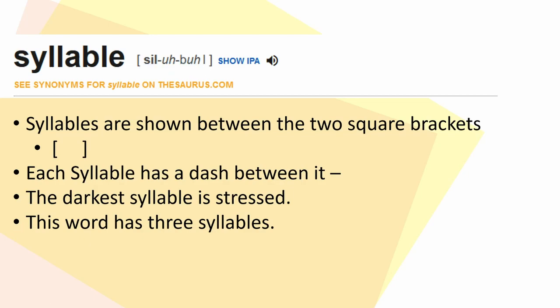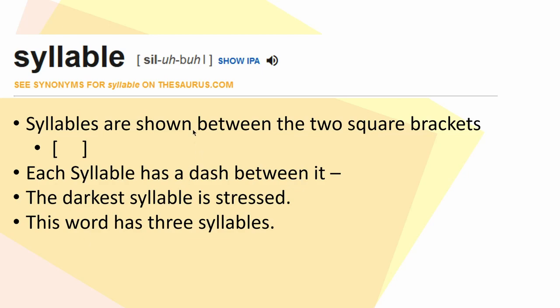Syllables are going to be shown between these two brackets. Each syllable is going to have a dash between it, so you can see where the different syllables stop. There's a space here, which could be a little bit confusing, but the actual dash is showing you the end of the syllable.